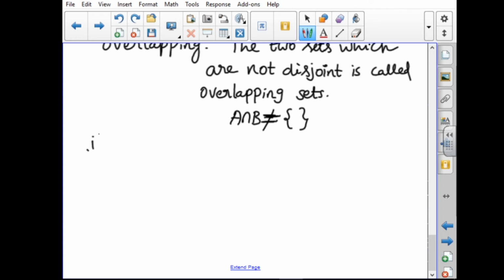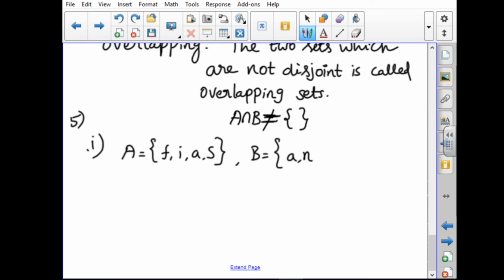First one, question number 5. First one, A is equal to {F, I, A, S}. Okay, and B is equal to {E, N, F, H, S}. Check the two sets.